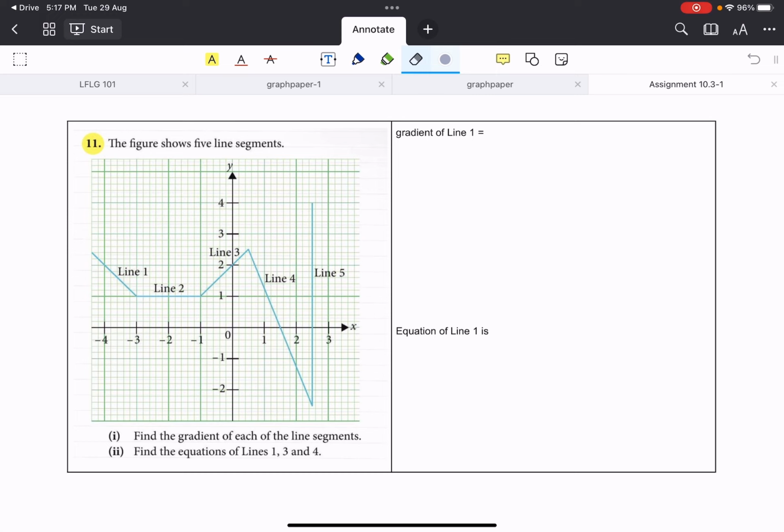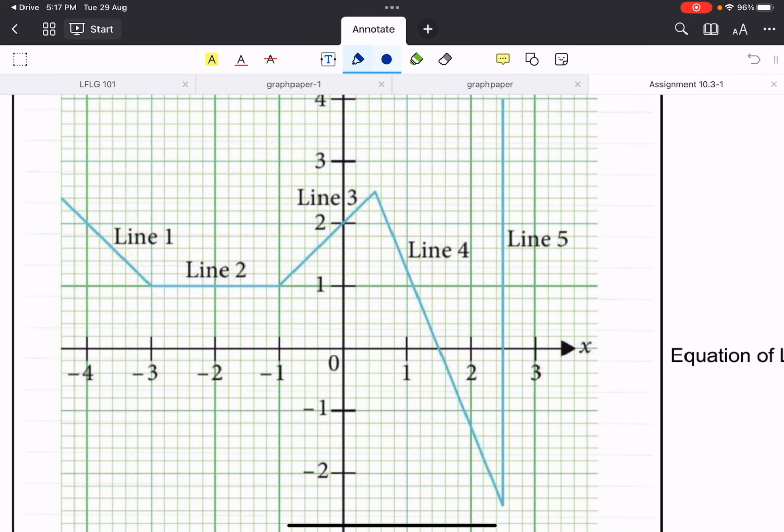Let's pull out my pen. Gradient of the first line. I made a mistake here in my earlier video, so I've deleted that so that I don't confuse people. If you look at line number 1, what we can see quite clearly is that the rise and the run are 1 unit each.